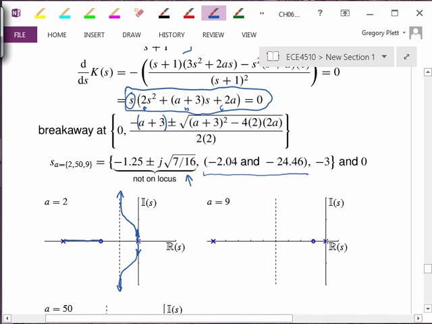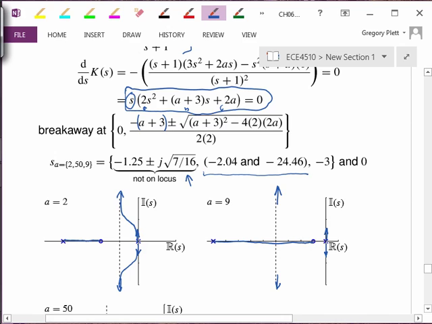When A equals 9, we again have these two poles starting out going straight up and straight down. I know from the real axis rule that that portion is on the root locus. I know eventually I have roots going straight up and straight down, but I also know that at minus 3 I've got a breakaway point.